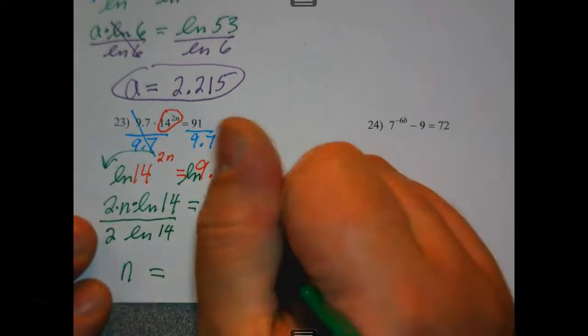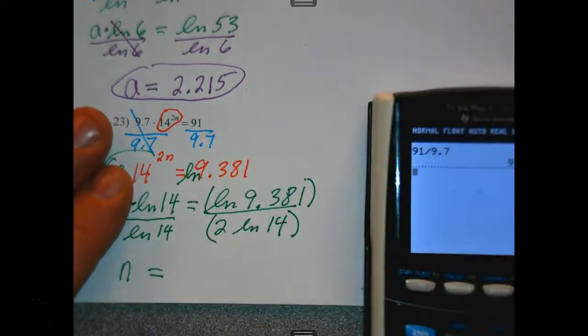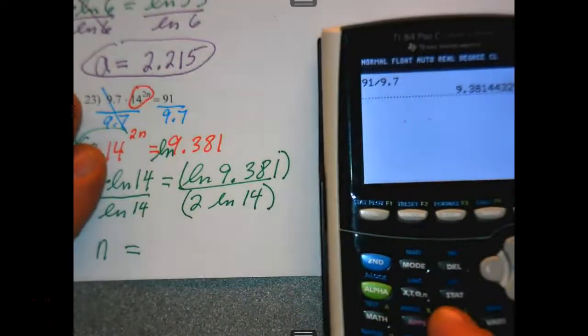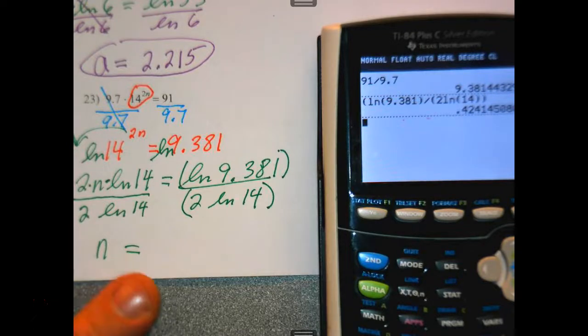In fact, let's not chance it. Let's put parentheses in. Okay. ln of 9.381 divided by 2 ln of 14. I get 0.42.